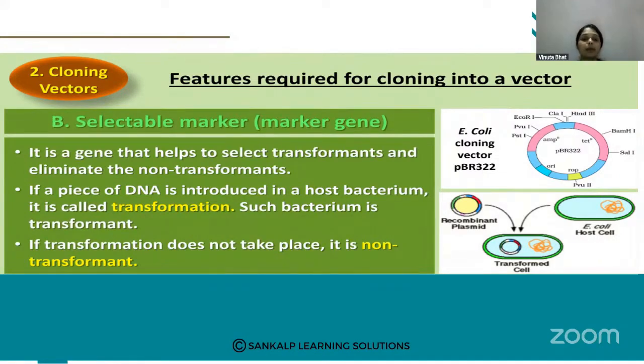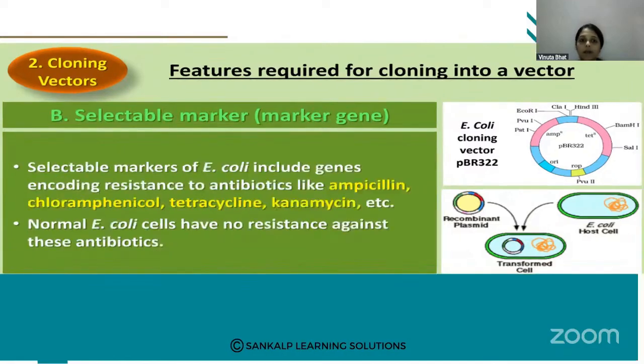Why am I repeating this topic? Because we have used transformed and non-transformed bacteria, and we have selected them in recombinant DNA technology. That is based on the ampicillin resistance and tetracycline resistance genes present in that vector. These are called selectable markers.